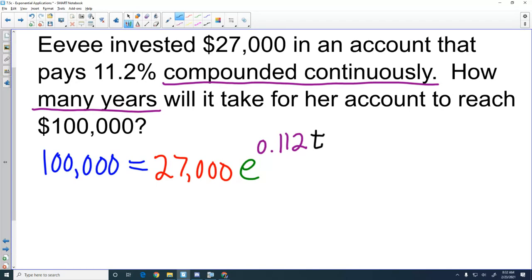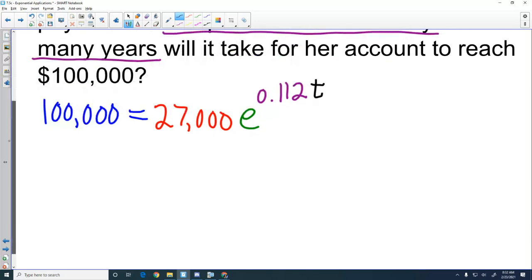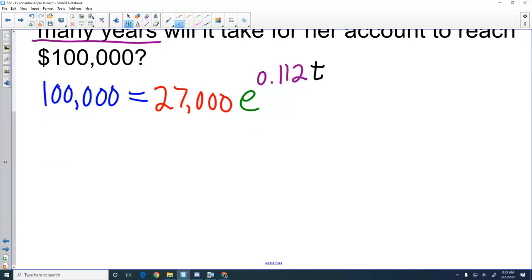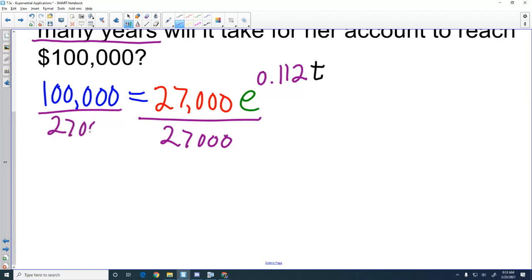A lot of you are starting off the right way, dividing out that 27,000, right? Divide, divide. So that those cancel. Get something like 3.7037.